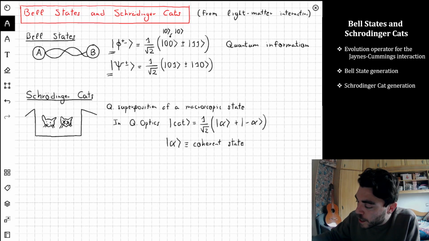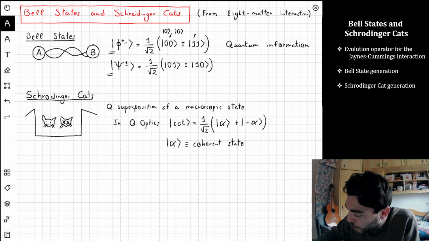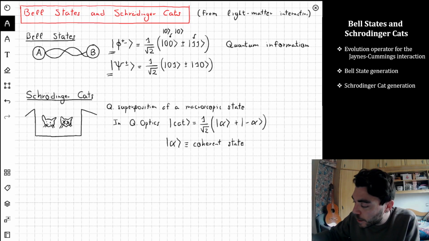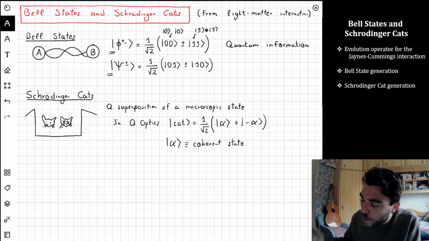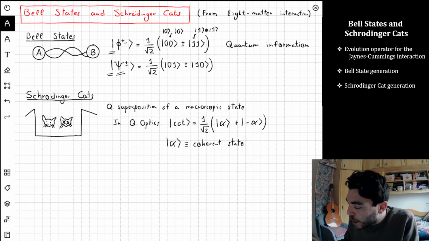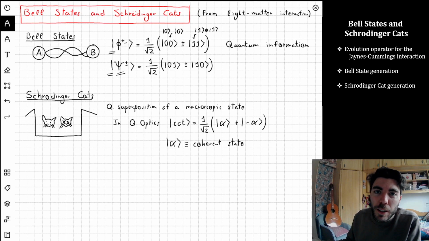In our case, it will be the ground and excited state of an atom, because we are going to physically see what they are. And this state is 1, 1. And similarly for the state psi, these are actually the states that we are going to generate. These states are very important in quantum information processing and in quantum information protocols. They are used every time.